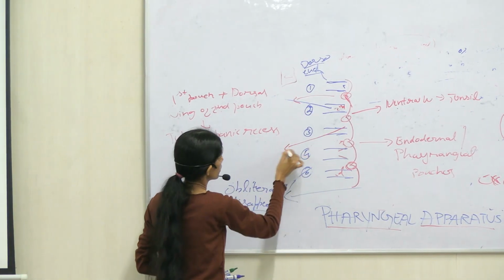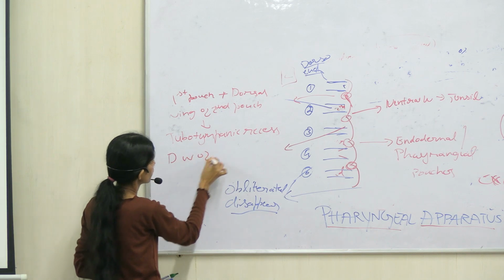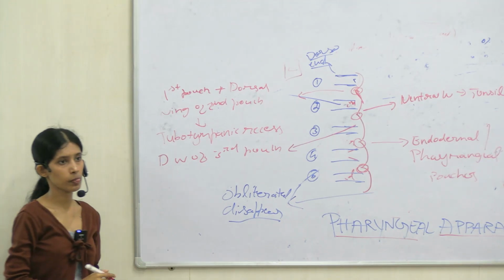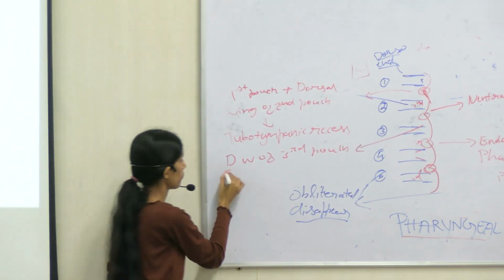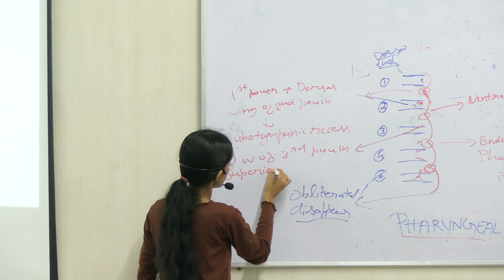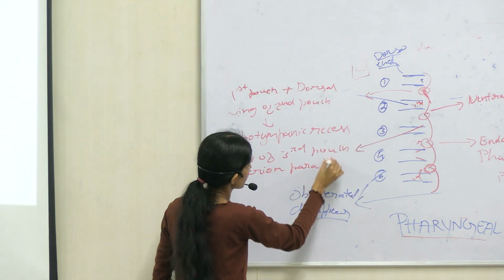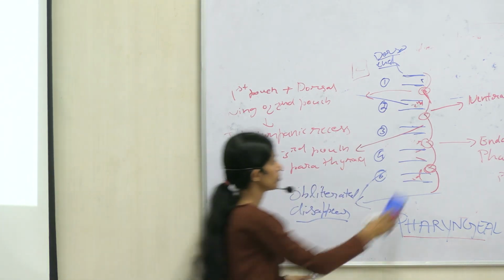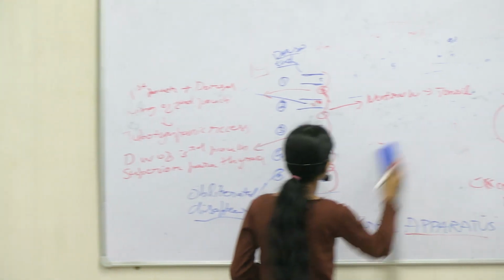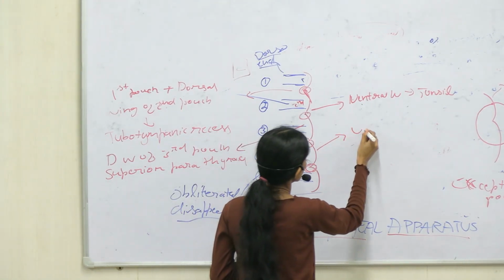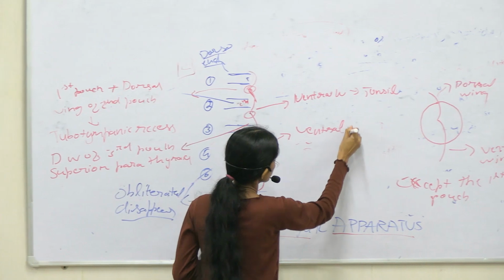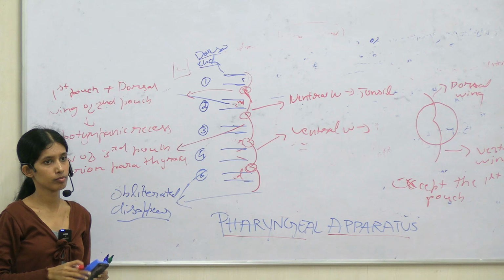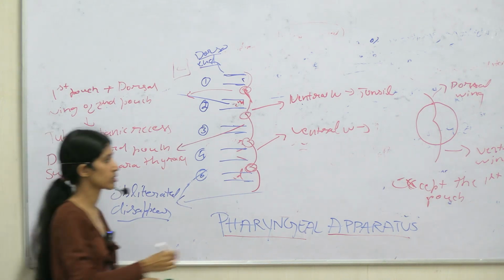Now the dorsal wing of third pouch give rise to which part? Superior parathyroid. And the ventral wing of third pouch give rise to which part? Thymus.